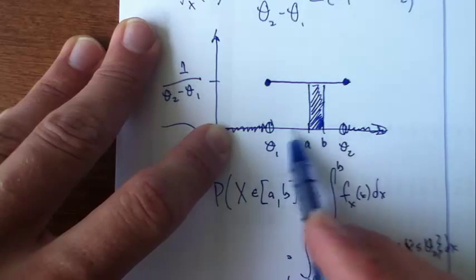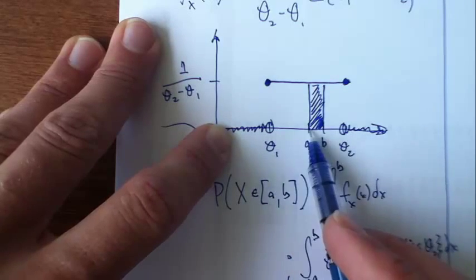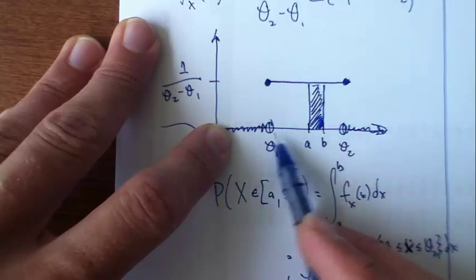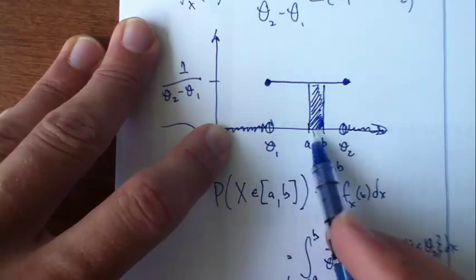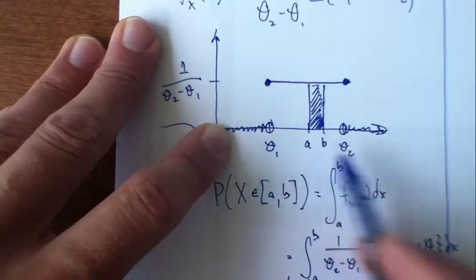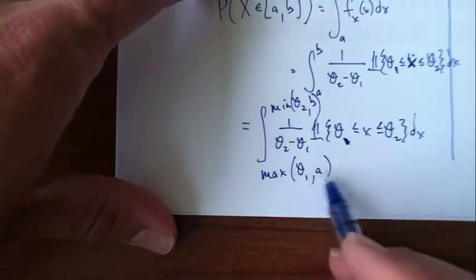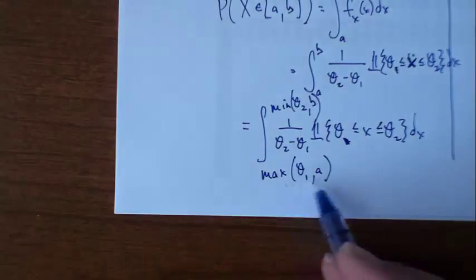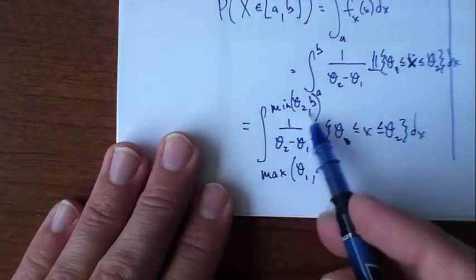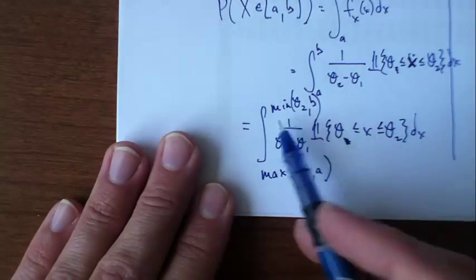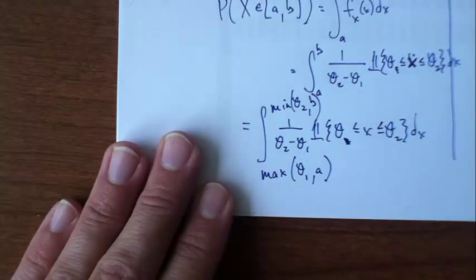On the other hand, if A falls to the right of theta 1, then I would just integrate from A to B, or again the maximum of A and theta 1 up to B. Okay, so that's why I've written that in the lower limit. Similarly, that's why we have this expression for the minimum of theta 2 and B in the top limit there.